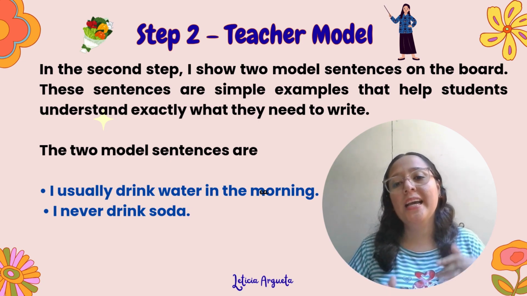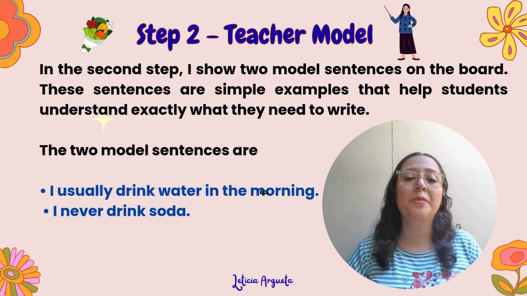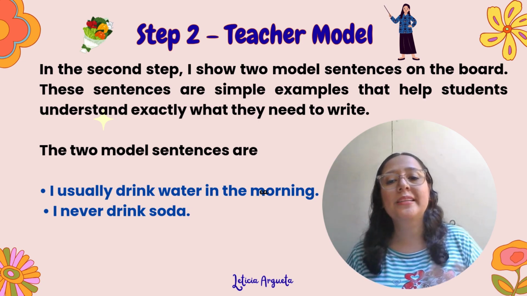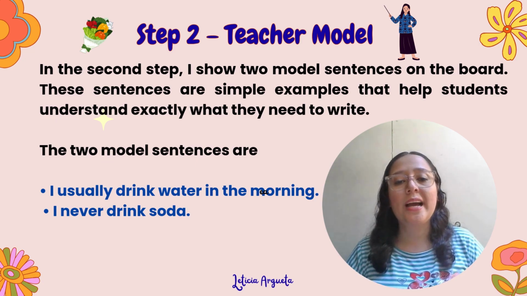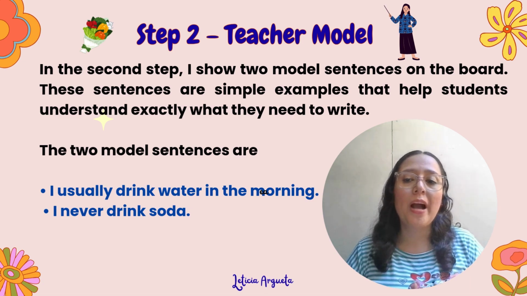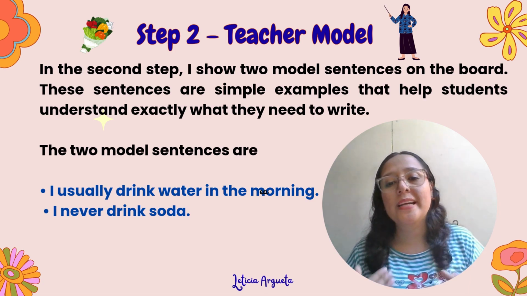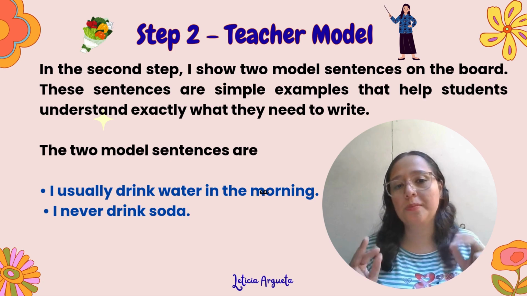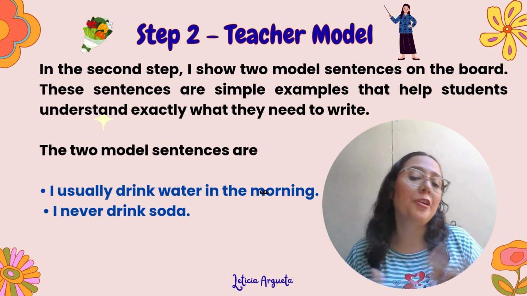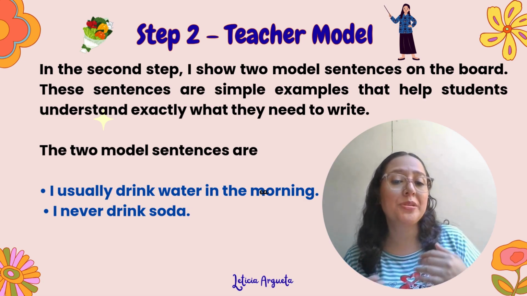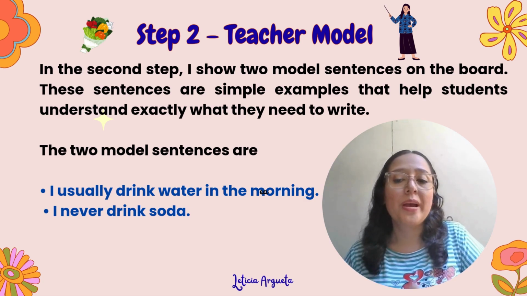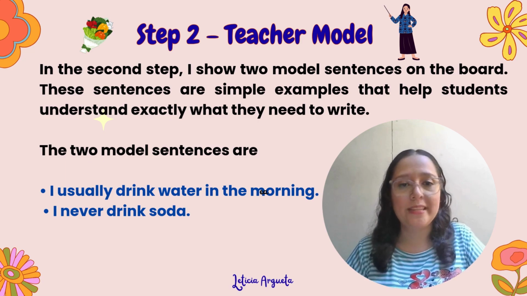After that, I give a short explanation of the simple present structure. I remind them that with I we use the base verb, like I drink, I eat, I walk. I also give one extra quick example, such as: Sometimes I eat fruit after lunch. This modeling step is very important because many A2 students feel nervous when they need to write their own sentences.